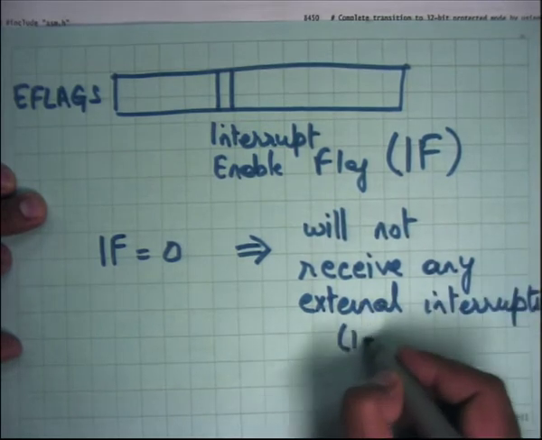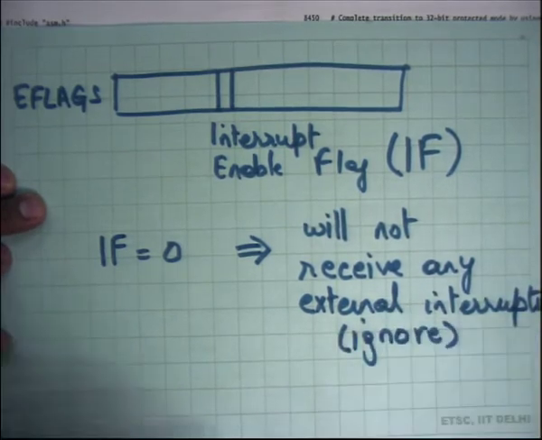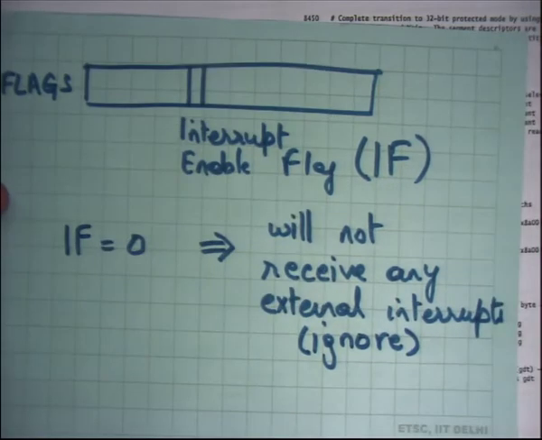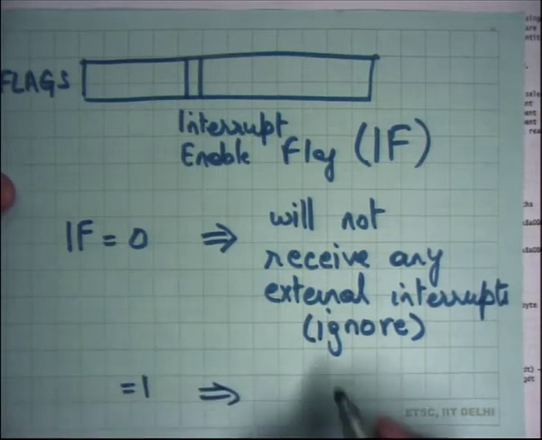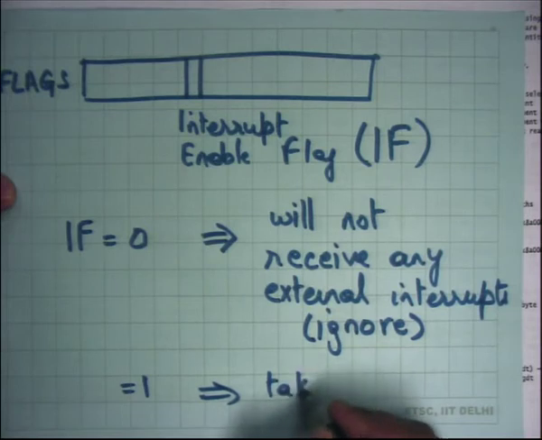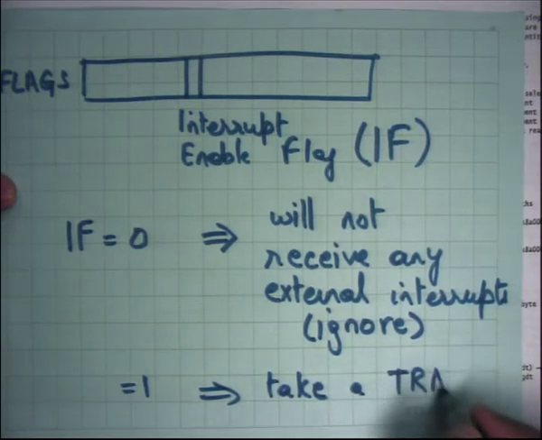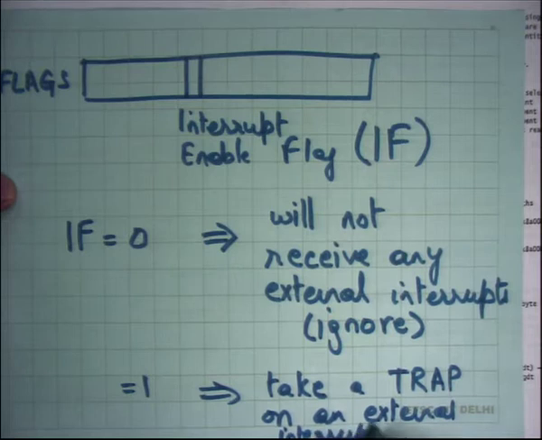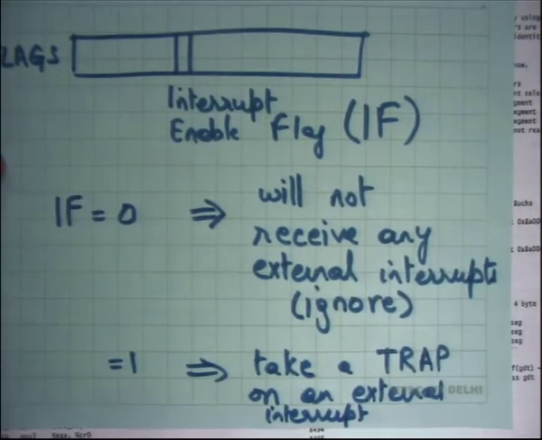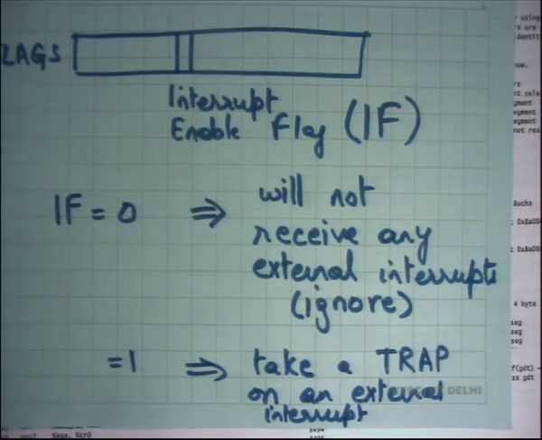In other words, just ignore the external interrupt. And if it's 1, then it's the usual thing: take a trap on an external interrupt. So if IF is equal to 0, you just ignore the external interrupt. If IF is equal to 1, then you will take a trap on the external interrupt, and recall that the trap goes through the interrupt descriptor table to call the handler.